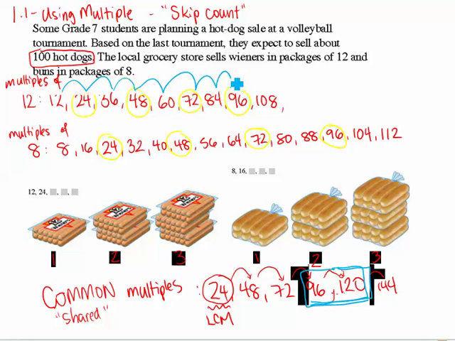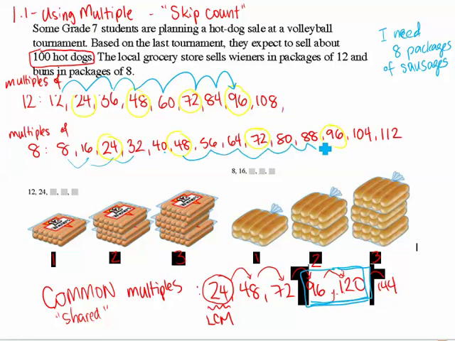So that means I need 8 packages of hot dogs, of sausages, and in terms of the buns, I'll count how many multiples I need of that one. So 1, 2, 3, 4, 5, 6, 7, 8, 9, 10, 11, 12. So I'll need 12 packages of buns.